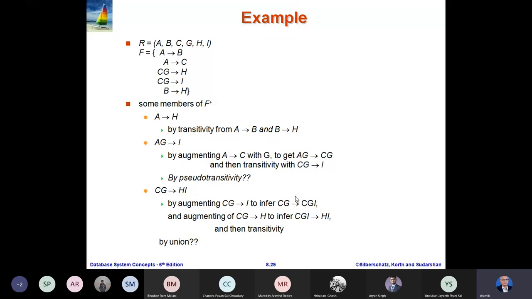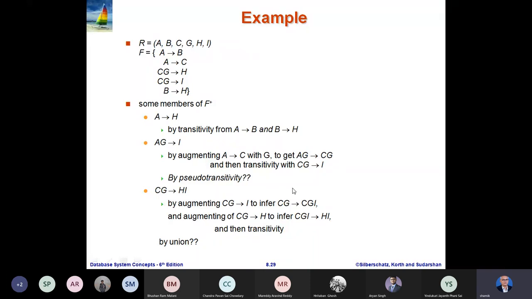Similarly, through other approaches, you can see it directly if you do it with pseudo transitivity and so on. Similarly, CG to H is there and CG to I is there. By union, we can get CG to HI. So there are different ways of showing the same thing, by union or by other methods.